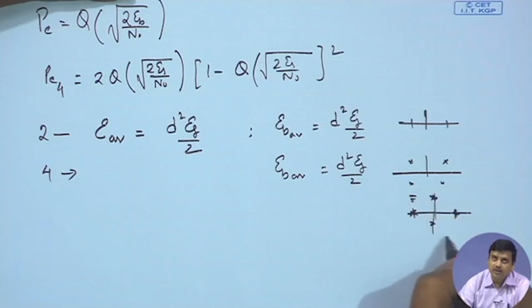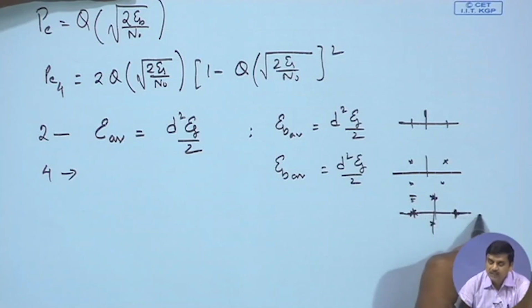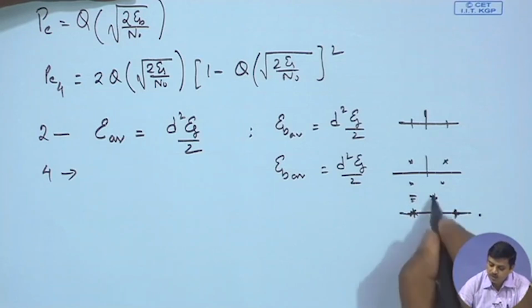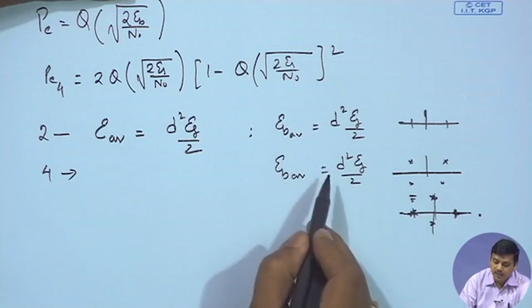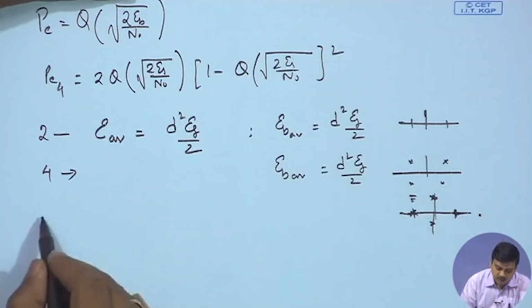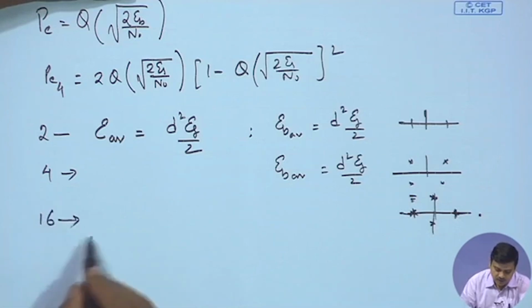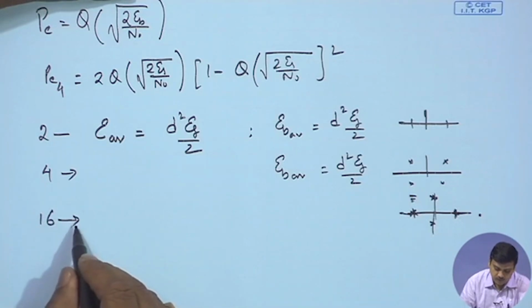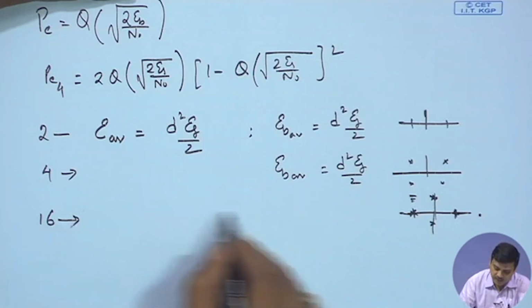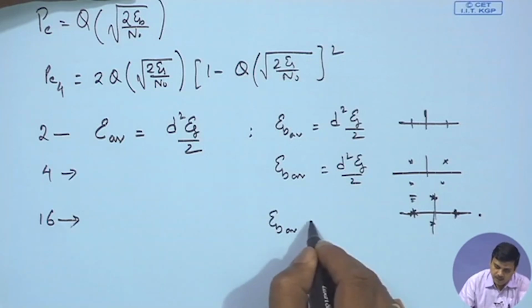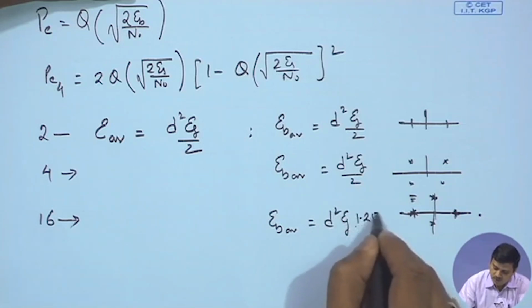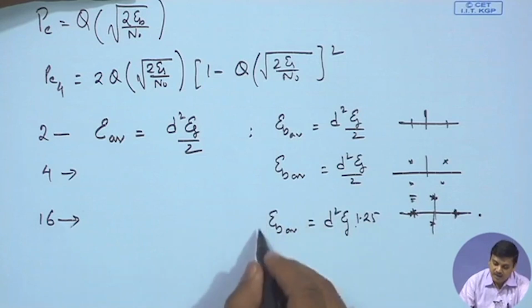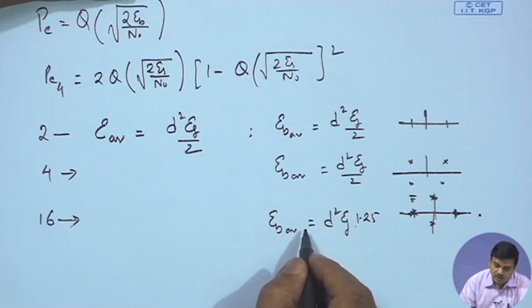So, you can imagine this to be BPSK or binary pulse amplitude modulation on the I channel and Q channel, and hence the performance of BPSK and QPSK would be similar. If we have to go for a 16 level constellation, that means 4 bits, in that case you are going to get Eav to be d squared Eg times 1.25. This is based on the average signal energy that you would require.